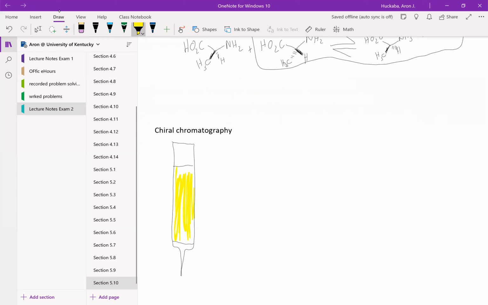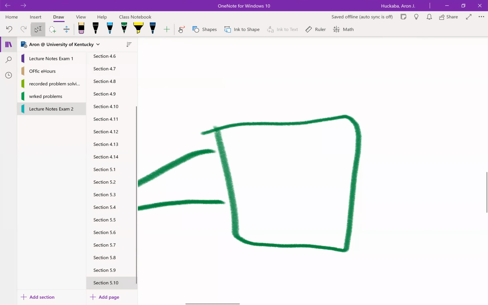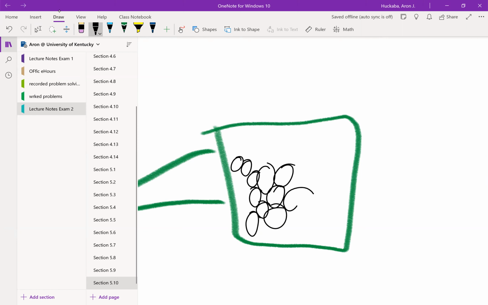In this material, if you could zoom in way far, what it would look like is all these tiny spheres of slightly different sizes, filling that tube where it was yellow.